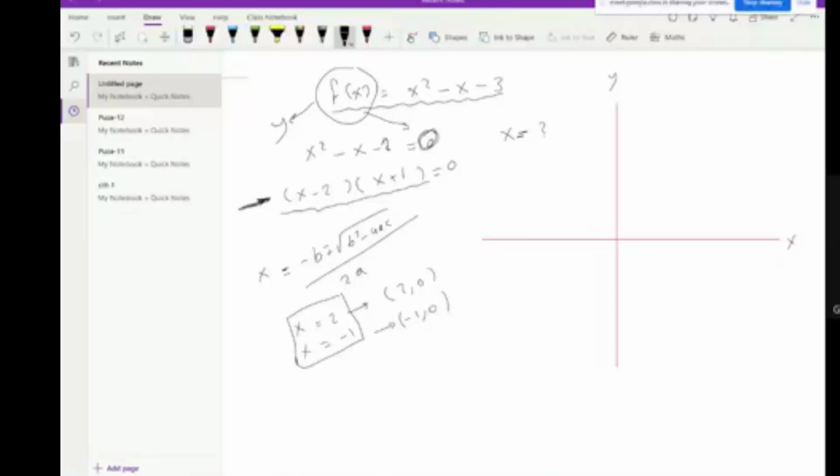I have (2, 0) here and (-1, 0) here, and the graph will be like this. It's parabolic.